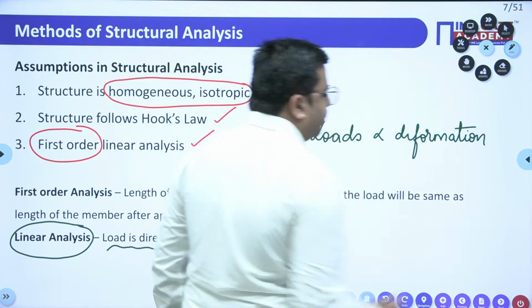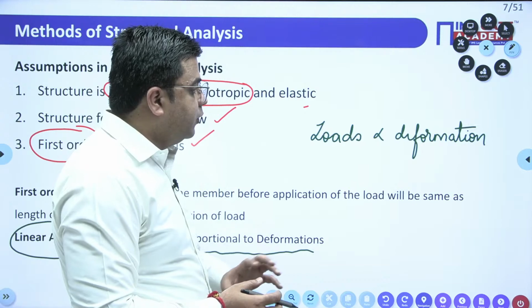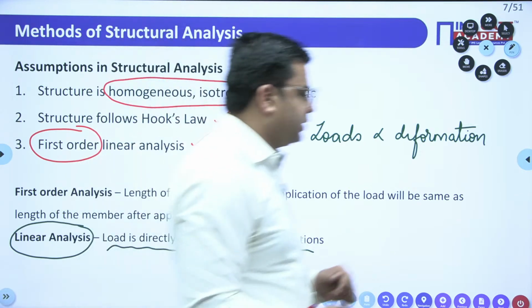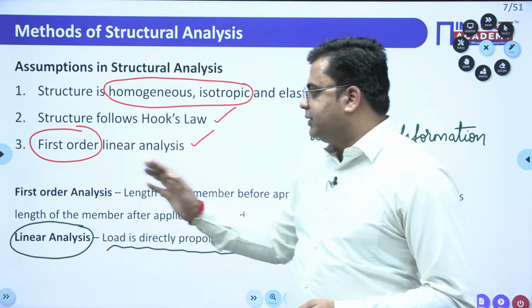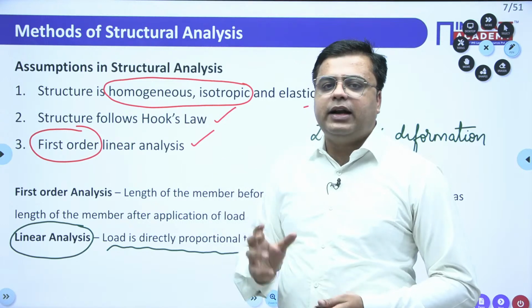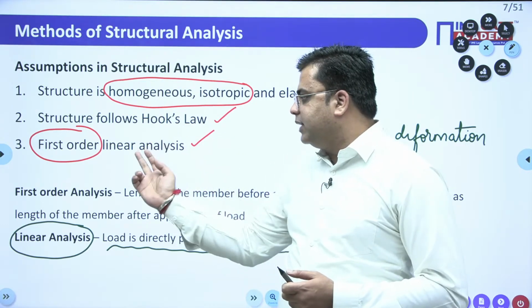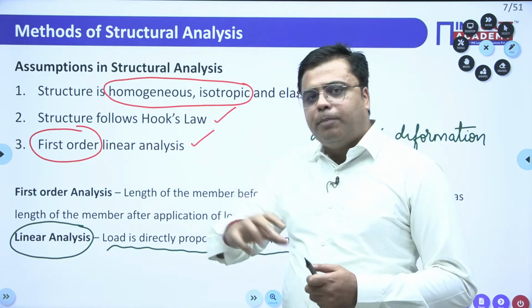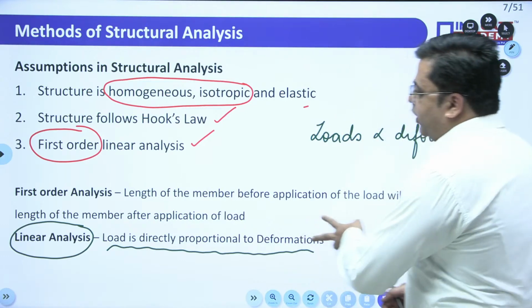As you apply more load, you will observe more deformations in our structure. So when we talk about first order linear analysis, first order analysis means that the extended length of the member is equal to its original length. The second one is the linear analysis, where when you apply more load, you will observe more deformations. Moving on with this.